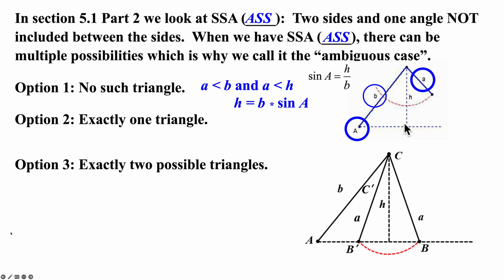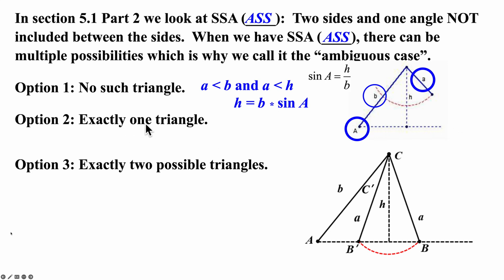So in this proposed right triangle, sine of A is equal to the opposite, H, over B. We multiply B by the sine of A, and we find our H. If side A is still smaller than H, then there is no triangle. There's no way that this side can touch the base. That line does exist, it's there. What we don't know is how big it is. So that's why it's dashed.